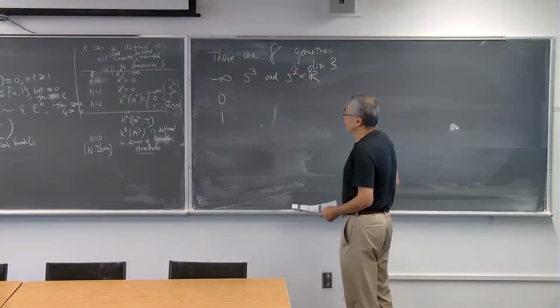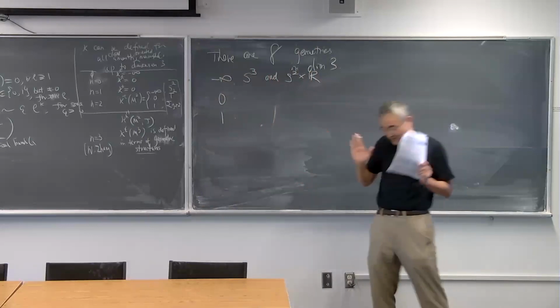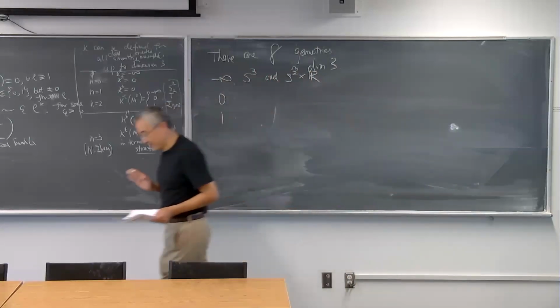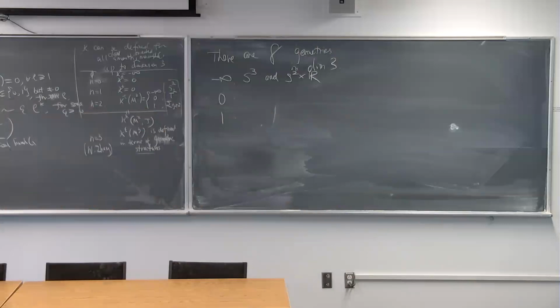Well, first I define the Kodaira dimension for the geometric structures, just the 8 geometries. Then we use the geometric decomposition in dimension 3 to extend this to all 3-manifolds.